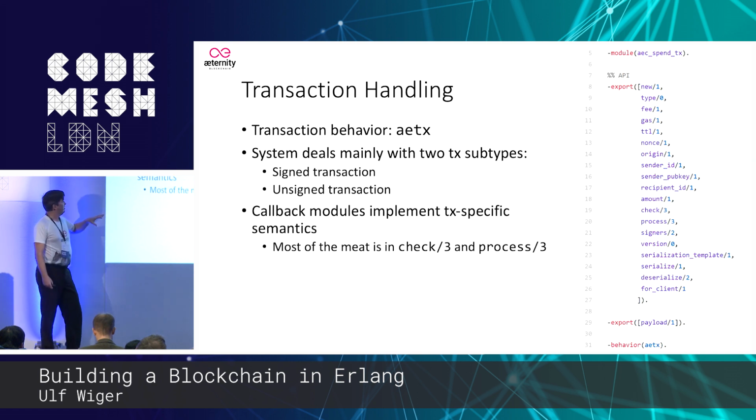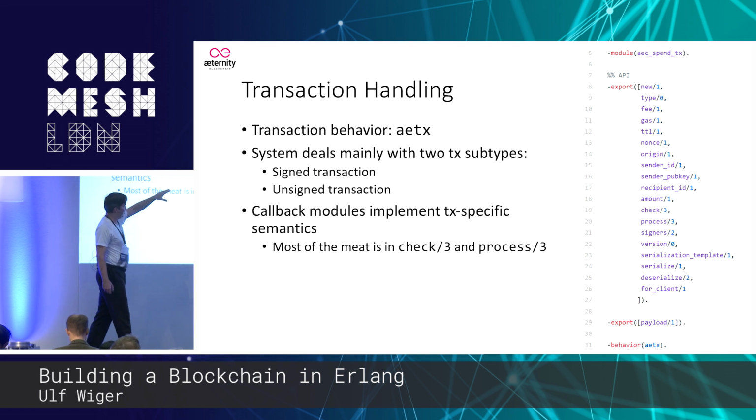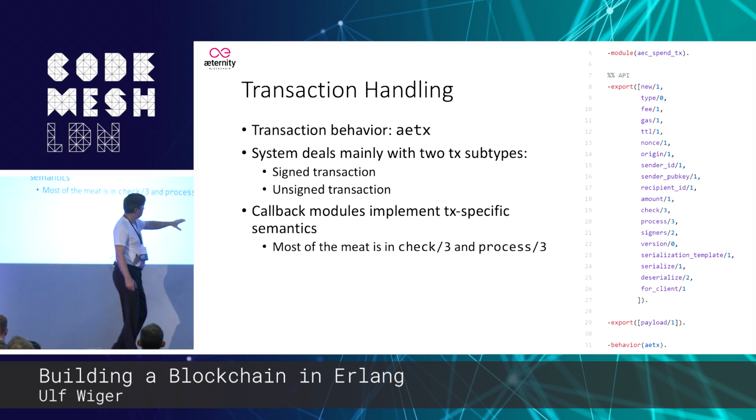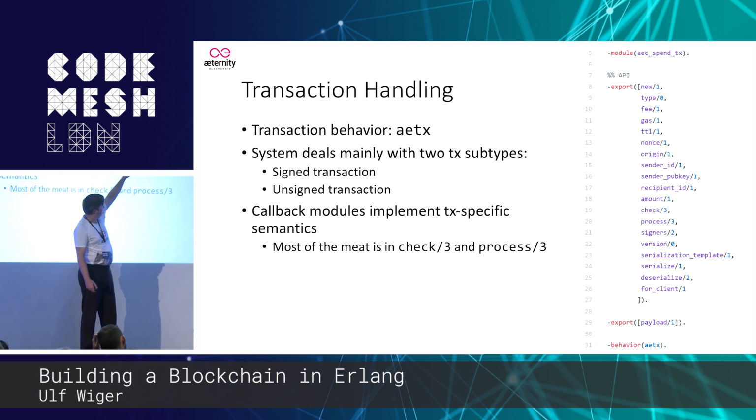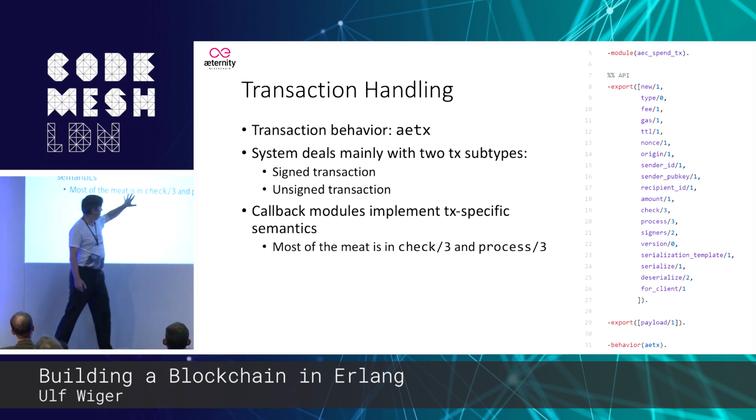So a core part of the system is that we've created a behavior, which is sort of an Erlang design pattern, where you can plug in a transaction type, and it has a callback API where most of the work is in check and process.